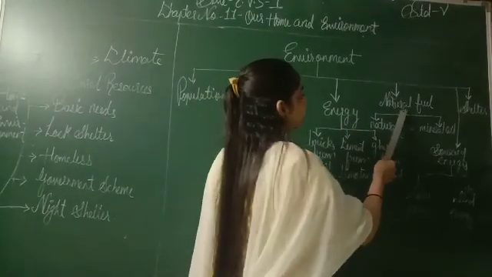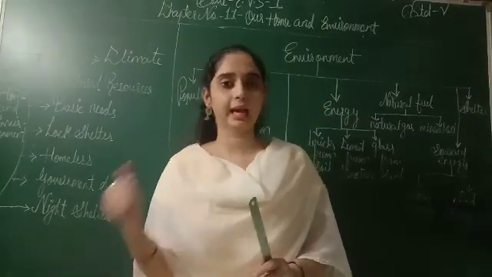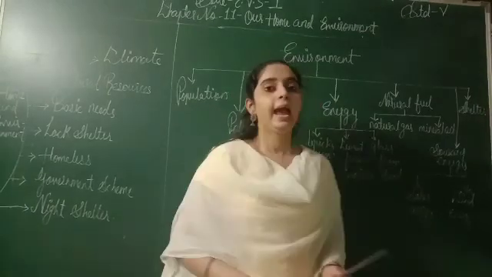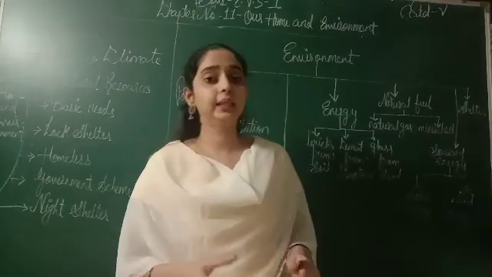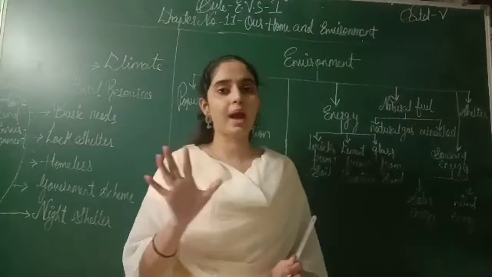Next is natural fuel. This natural fuel we get from inside the earth. For example, natural gas, mineral oil and coal. But this natural gas, you can use only once.